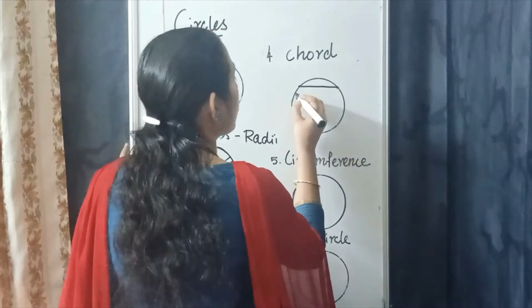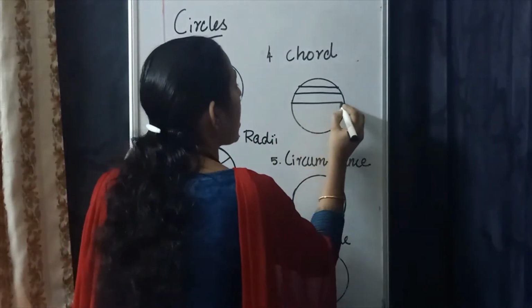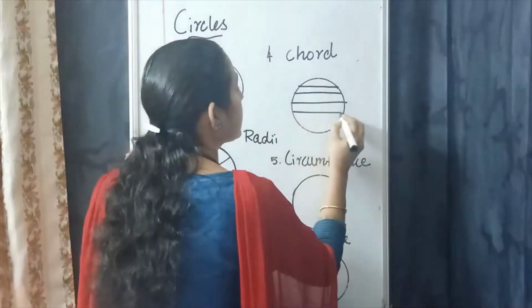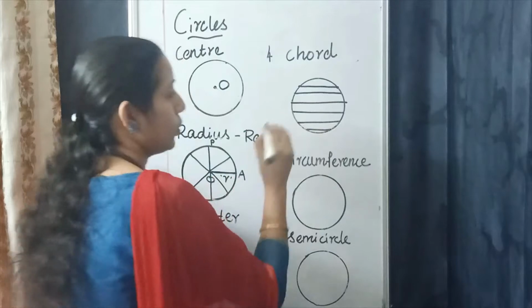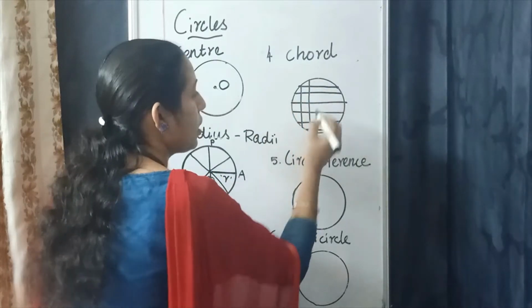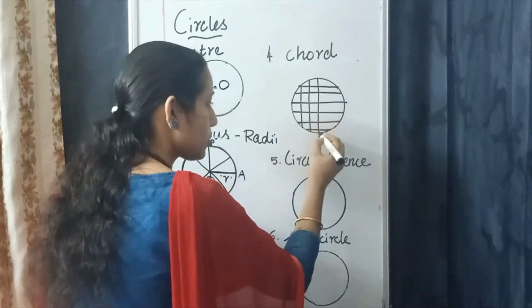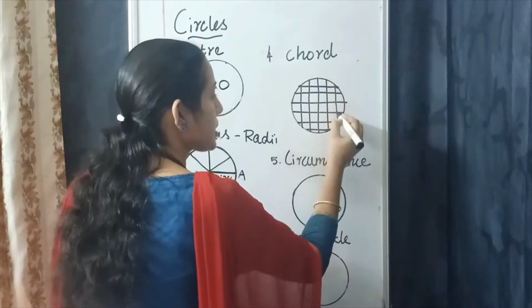Here also we can draw an infinite number of chords. This is a chord. This is another chord, and another chord. In this way also we can draw chords. So we can draw an infinite number of chords in a circle.